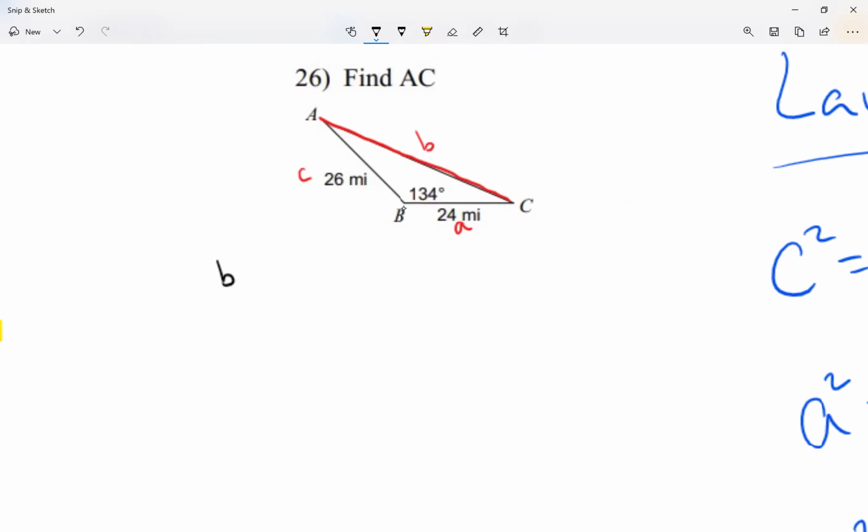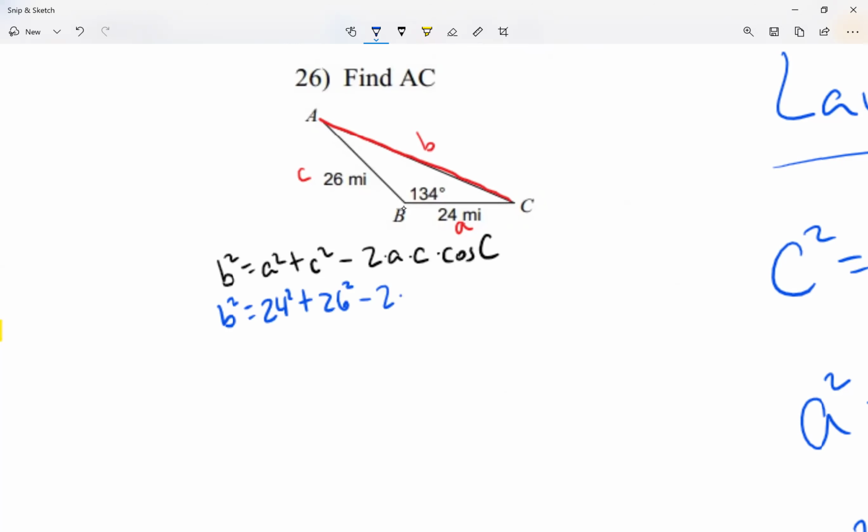B squared is equal to A squared plus C squared minus 2 times A times C times cosine of angle C. Okay, so in other words, I have that B squared is equal to 24 squared plus 26 squared minus 2 times 24 times 26 times cosine of 134.